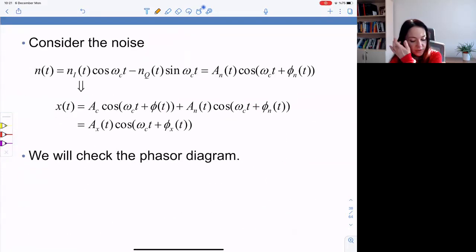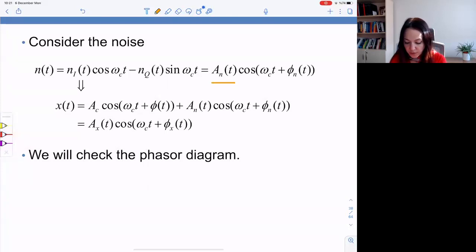Now, let's consider the passband noise, or bandpass noise, as before, in terms of a time varying amplitude and the time varying phase.